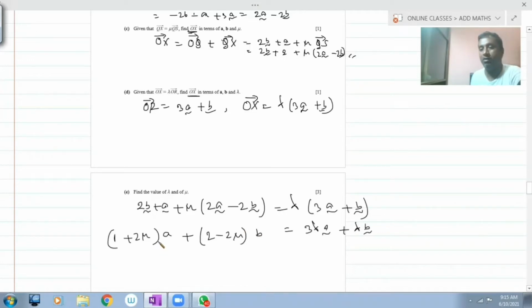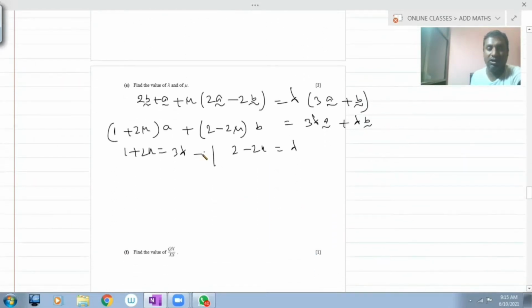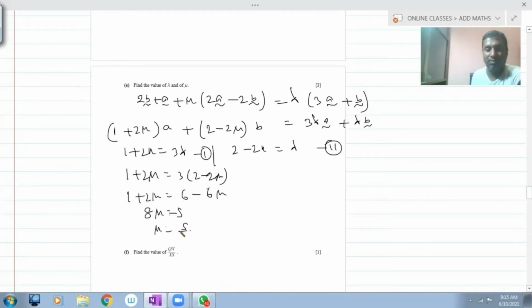Now comparing the coefficients of a, 1 plus 2 mu equals 3 lambda, and comparing b, 2 minus 2 mu equals lambda. If we solve these two simultaneously, substituting equation 2 in equation 1: 1 plus 2 mu equals 6 minus 6 mu. So 8 mu equals 5, and mu equals 5 by 8.